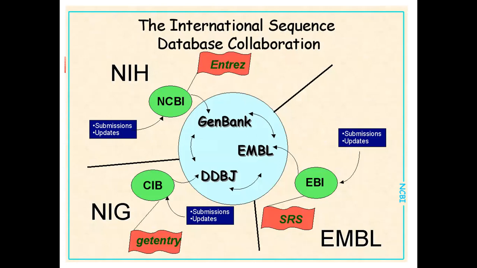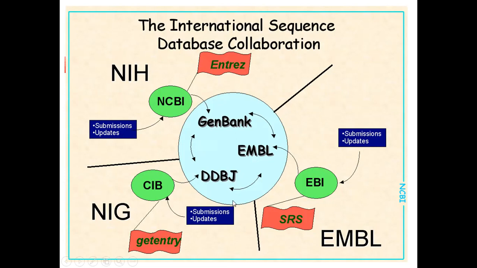The International Nucleotide Sequence Database Collaboration is shown here. As in our last lecture, we discussed this diagram, like GenBank to DDBJ and DDBJ to EMBL. If any sequence is submitted to NCBI, with the help of NIH handling this, it goes to GenBank, and there is a cross reference available in EMBL and DDBJ.